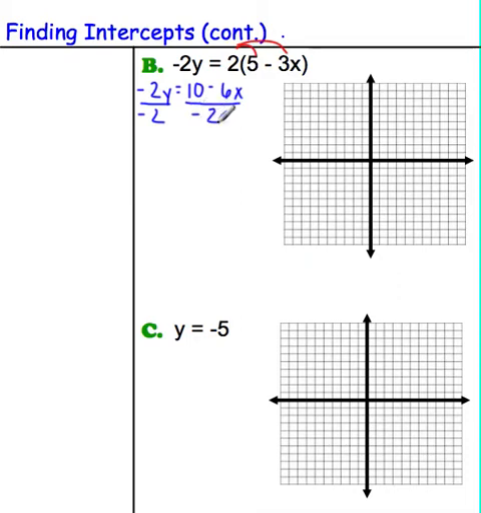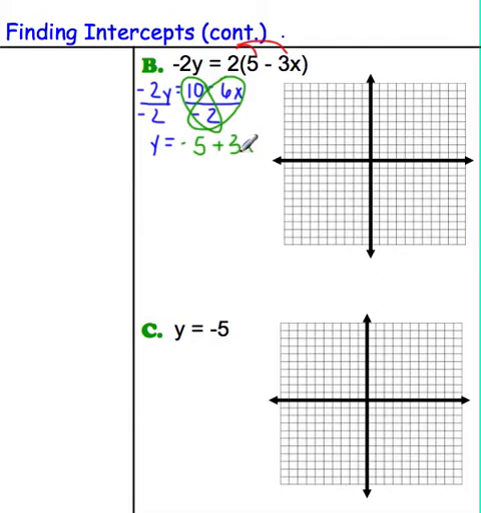And in doing so, we get y on the left. And then we will need to butterfly it out. So 10 divided by negative 2 is negative 5. Minus 6x divided by negative 2 is plus 3x.